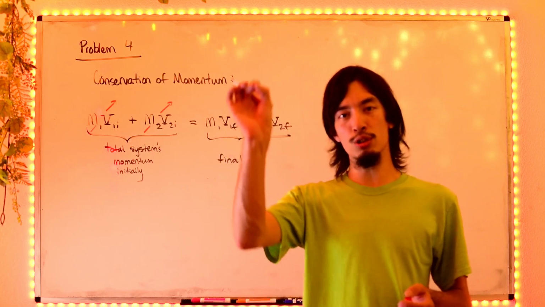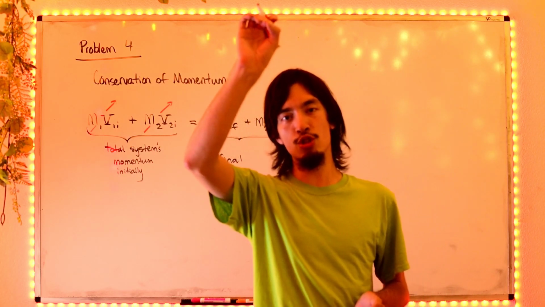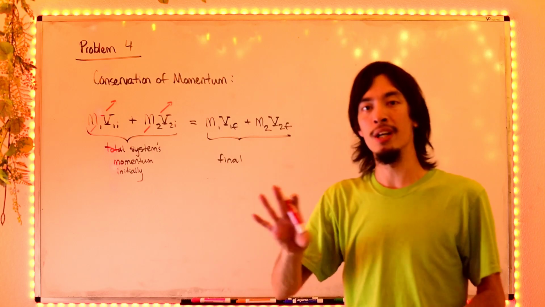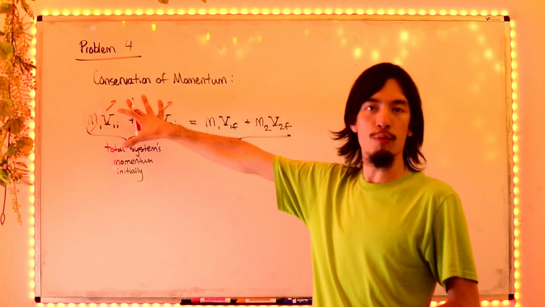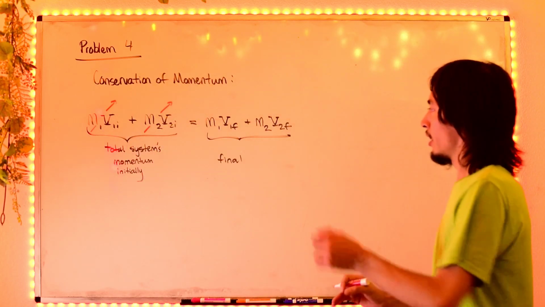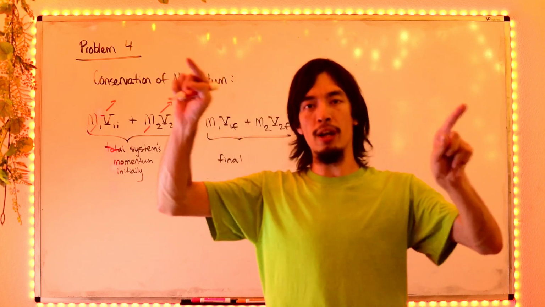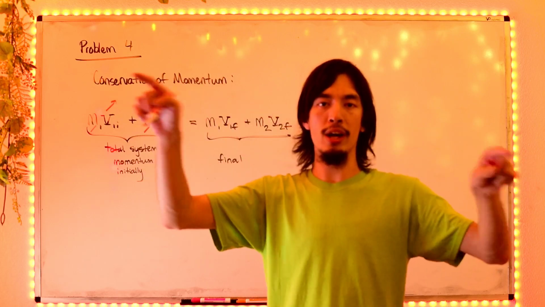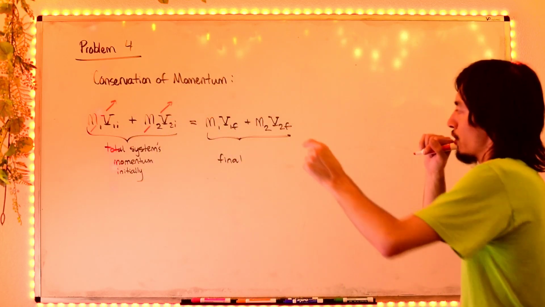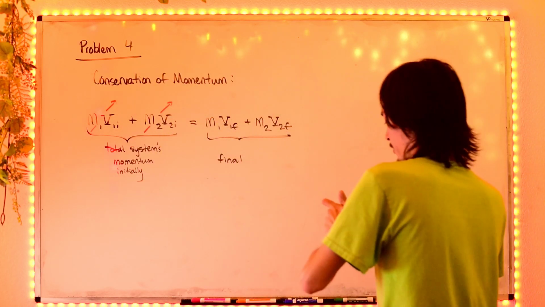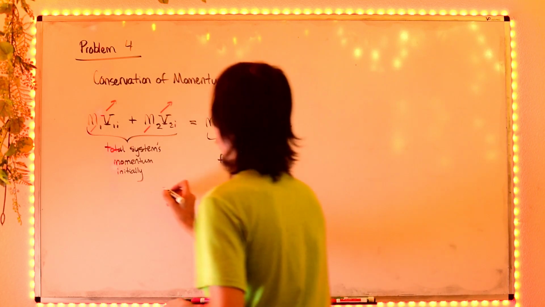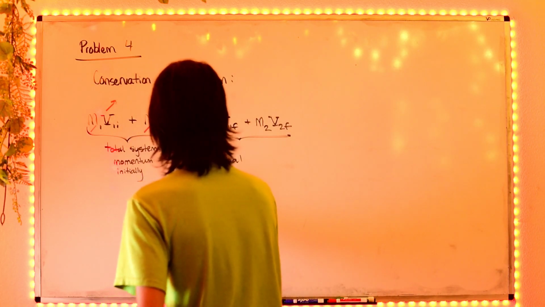It briefly comes to rest at its highest point, and that's just before the explosion occurs. So they should both have no velocity to start with. In the final situation, just after the explosion, they will separate off and go their own ways with some velocity. So we have just the right side left. Left side is 0, right side just copy down.